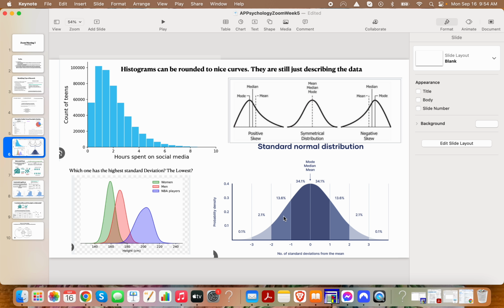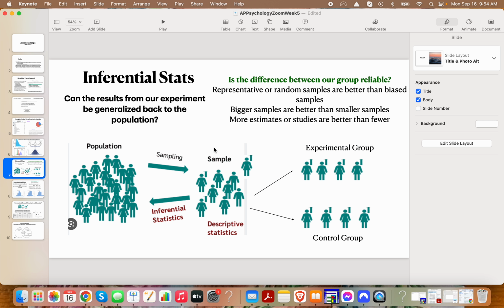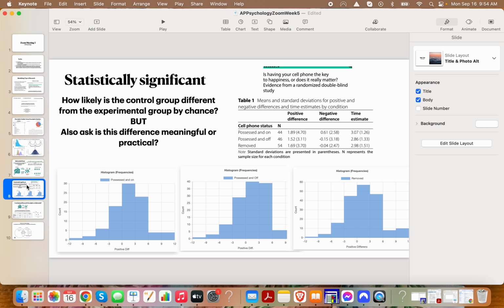I hope you feel a little bit more confident in reading histograms and normal distributions. I hope you're feeling better about knowing when something is inferential statistics. And lastly, that you understand statistically significant is when I'm trying to find out if these groups are different just by chance, or if they're different because of my independent variable.